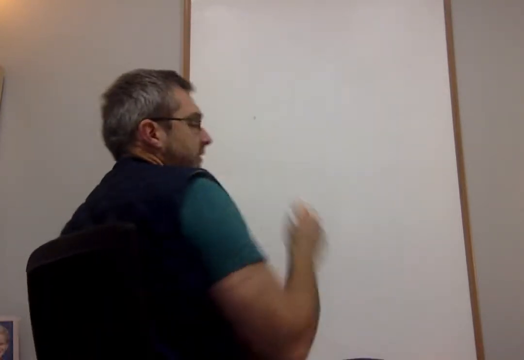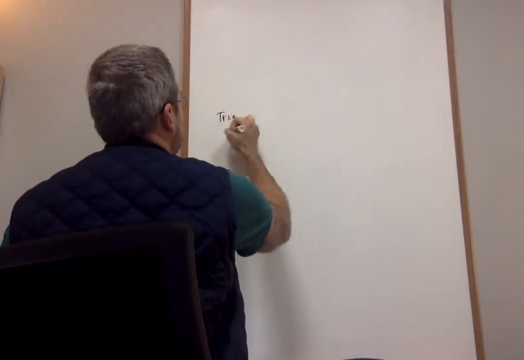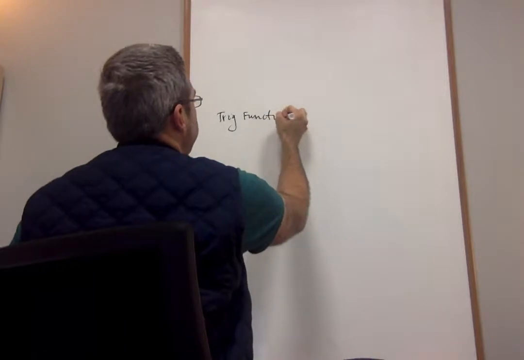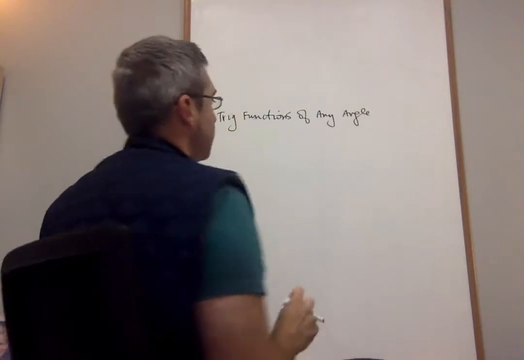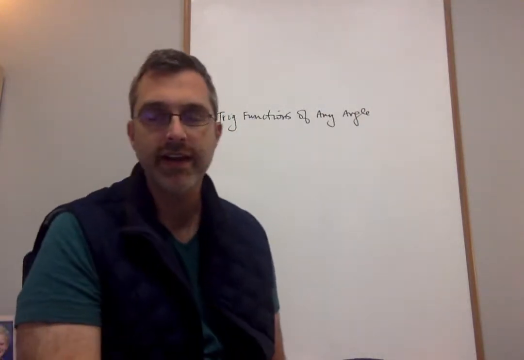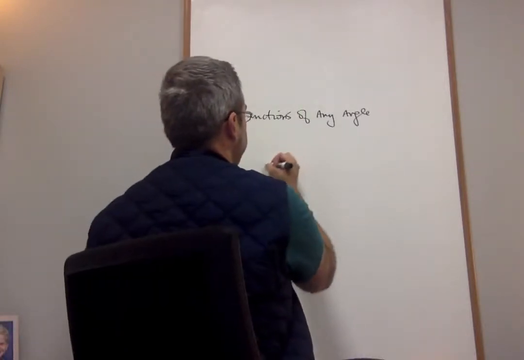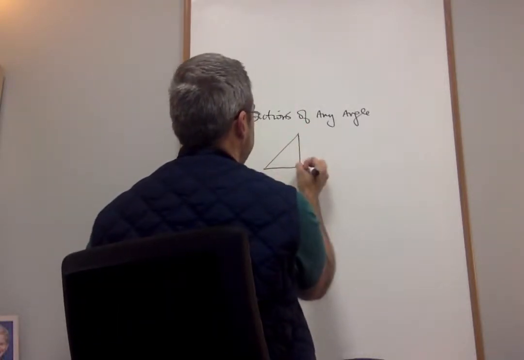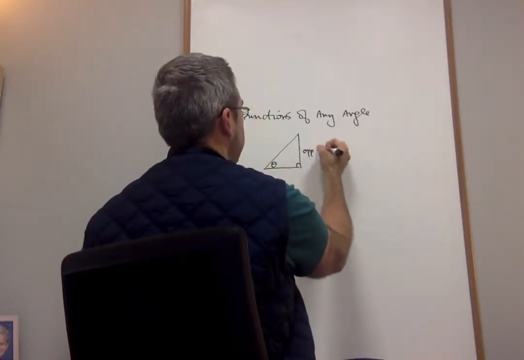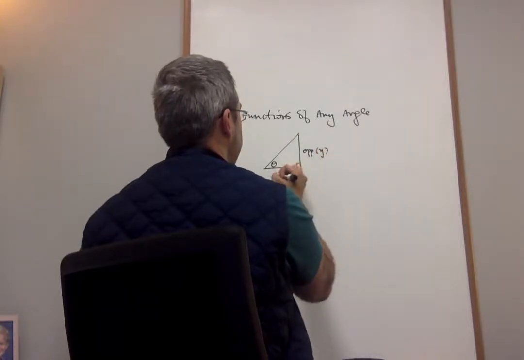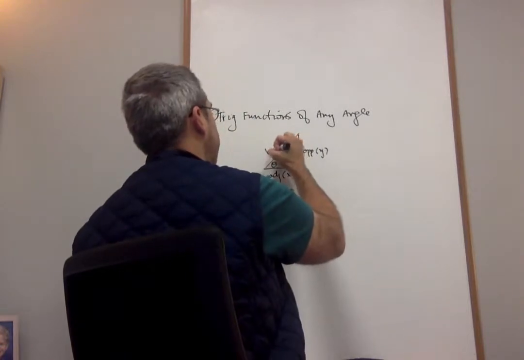This is basically trig functions of any angle. Again, remember that we've got 6 trig functions. If I've got any triangle, this is the opposite, which most of the time is y, the adjacent, which most of the time is x, and then the hypotenuse.